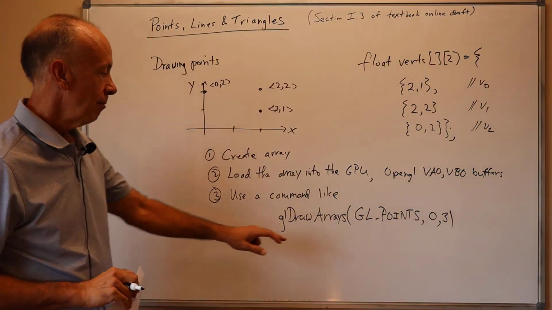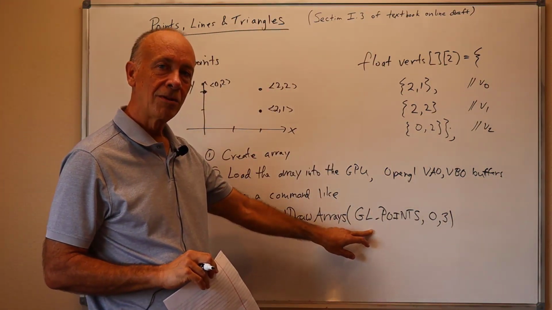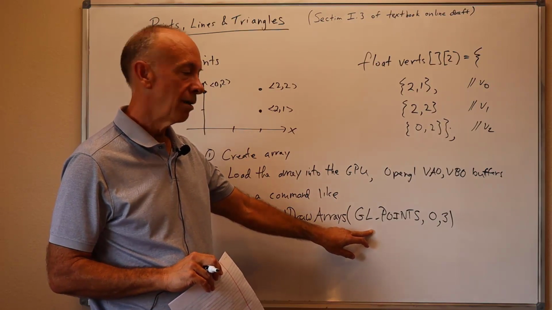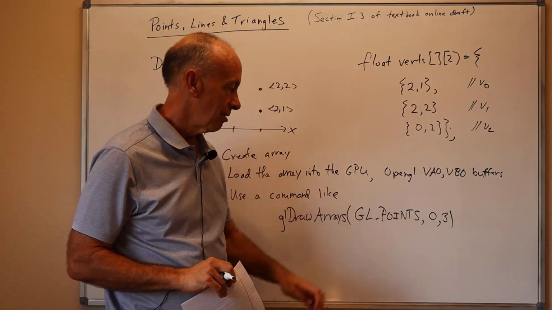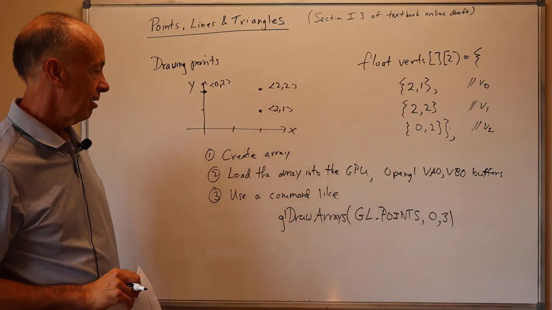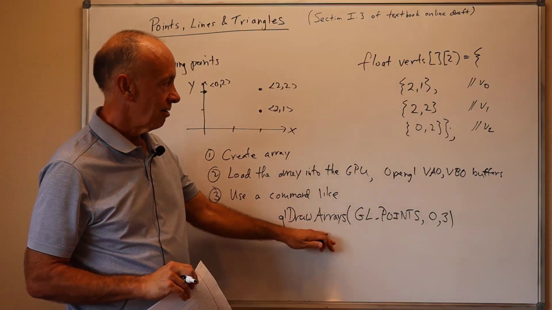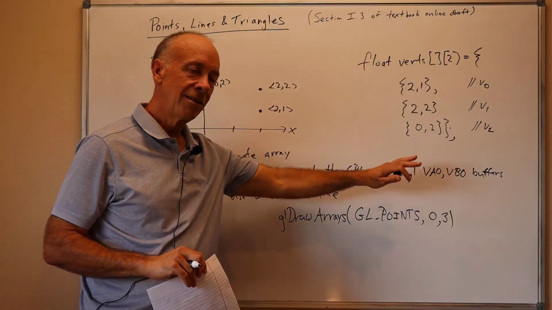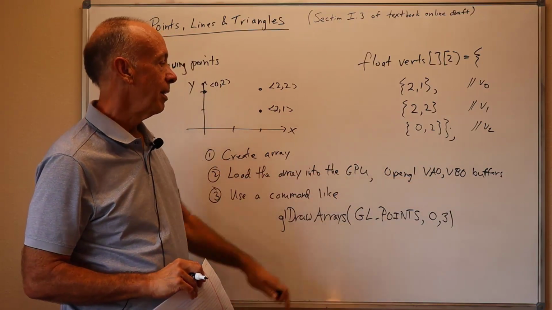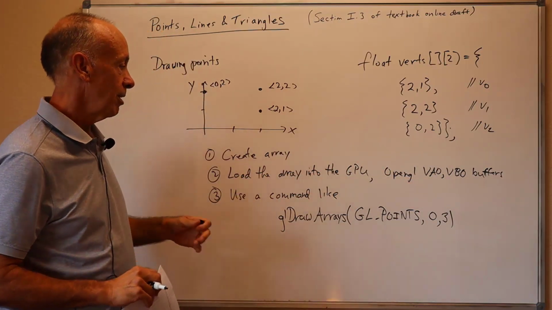That's the 0, 3. But the point I really want to stress here is we're drawing in GL_POINTS mode, all in uppercase, and this tells the glDrawArrays command that there's an array of points which happens to be loaded into the VBO, as we'll find out later on, and we're supposed to draw those 3 points.